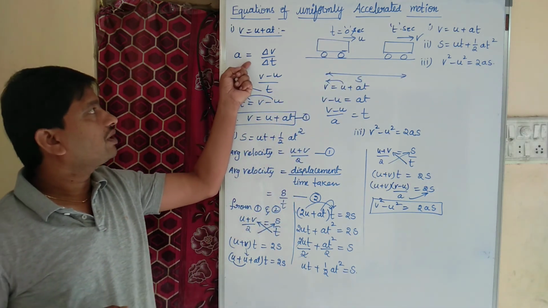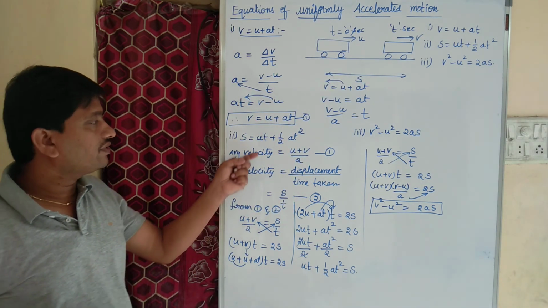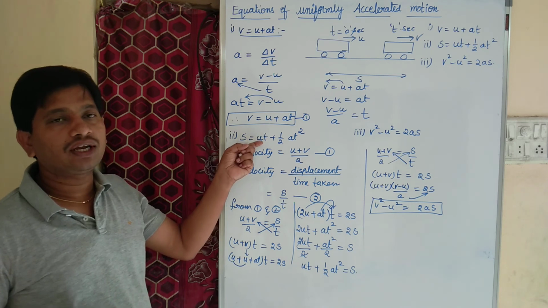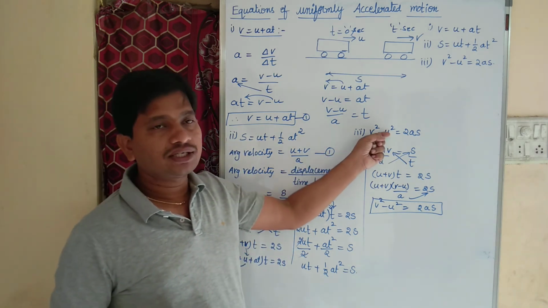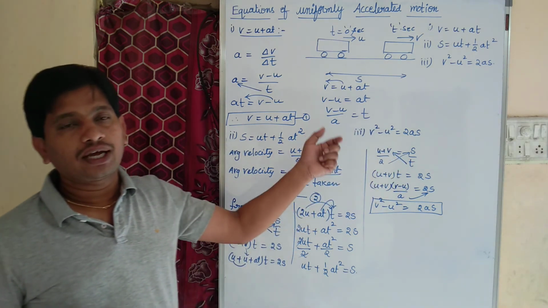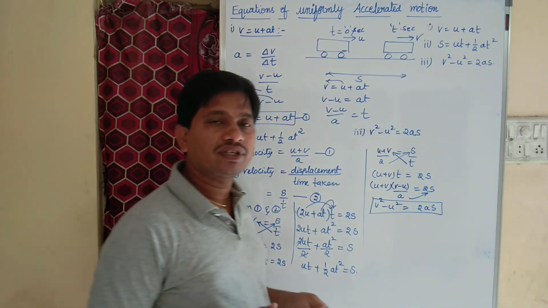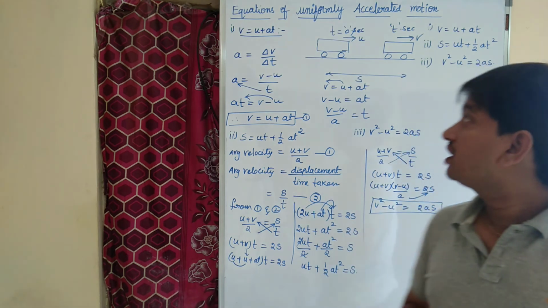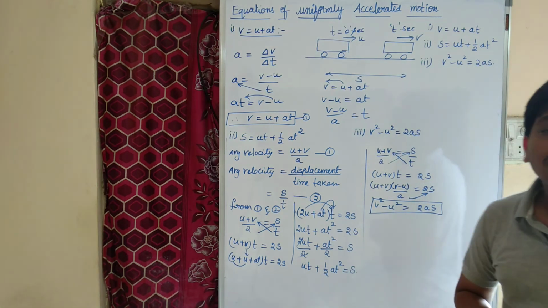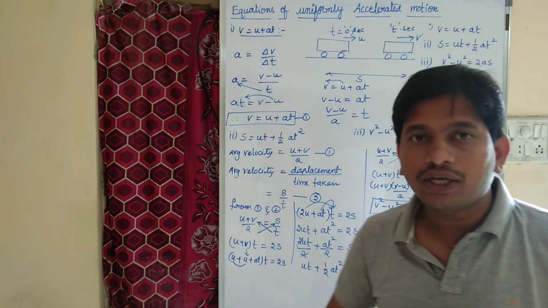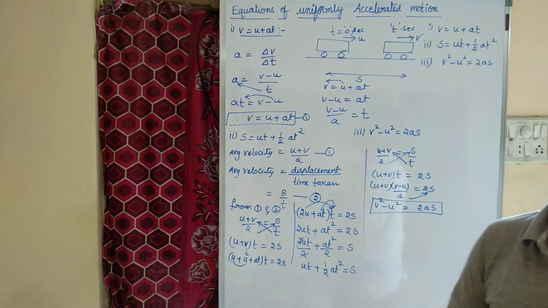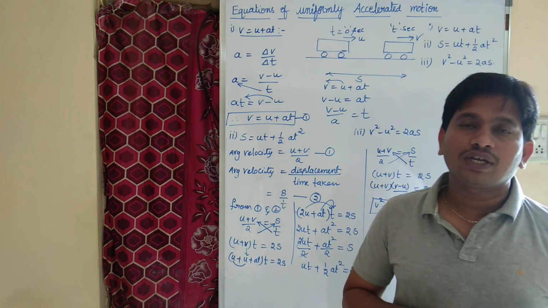The second gives the distance travelled by a body in time t. The third gives the velocity acquired by a body in travelling a distance s. So those are the three equations of uniformly accelerated motion: v equal to u plus at, s equal to ut plus 1 by 2 at square, v square minus u square equal to 2as.